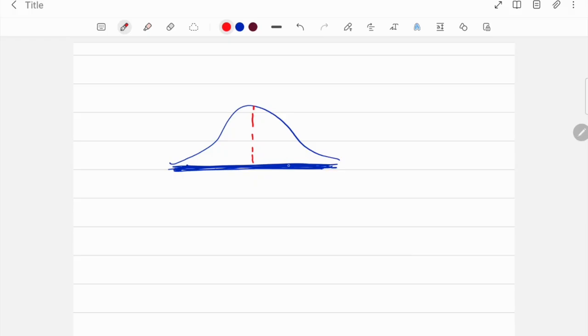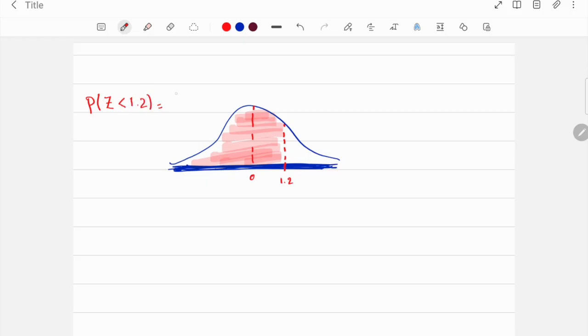In the previous example, suppose that this is z. This is 0, because it's a standard normal distribution. I used to give you the z, and the question was asking you to find the area on the left or on the right of that value. For example, what is the probability of z less than 1.2?